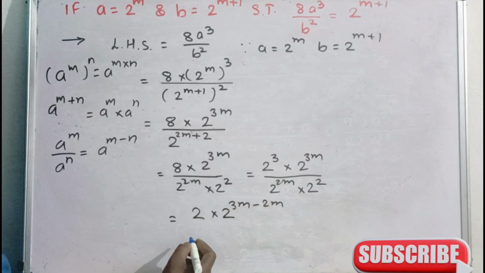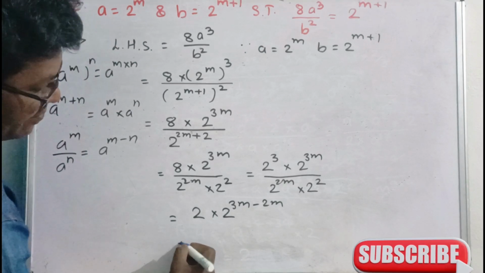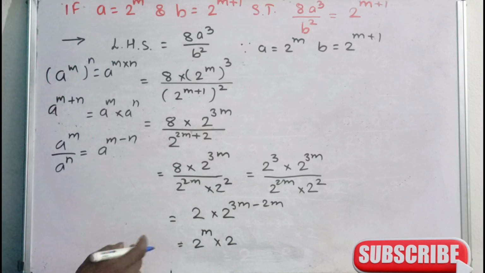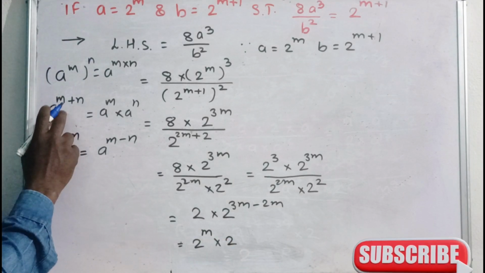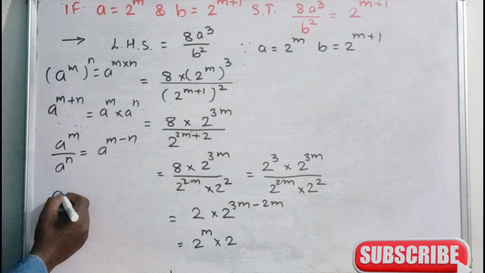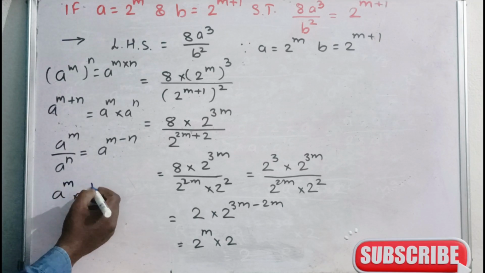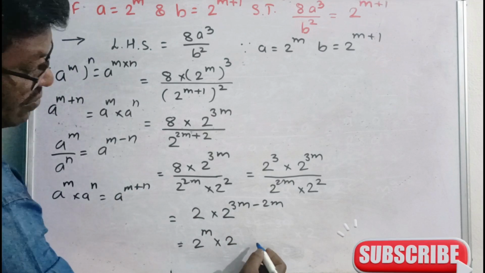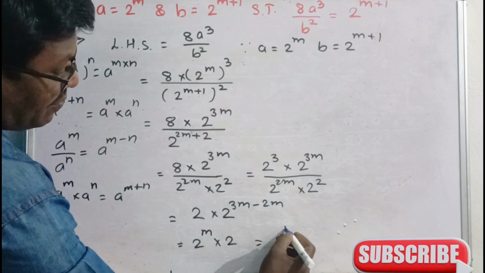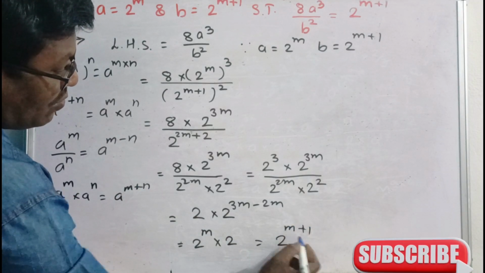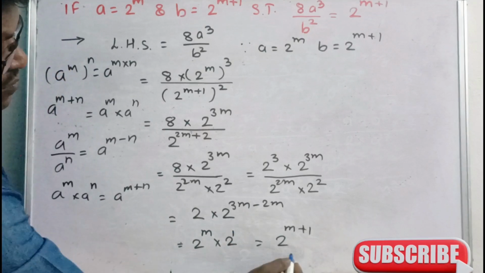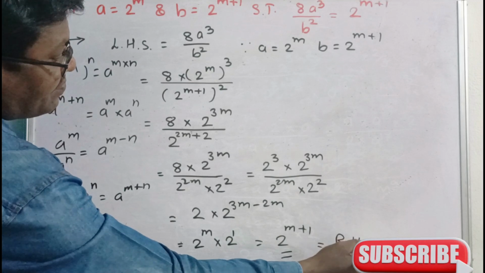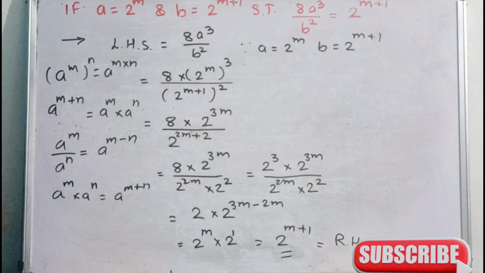It becomes only m, 2 raised to the power m into 2. Now again using this property, a raised to the power m into a raised to the power n is nothing but m plus n, it is equal to 2 raised to the power m plus 1. Here there is nothing, meaning 1, and that is RHS. This is the answer. Very simple problem.